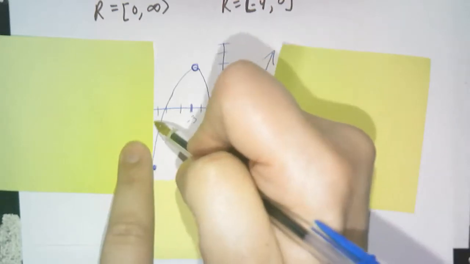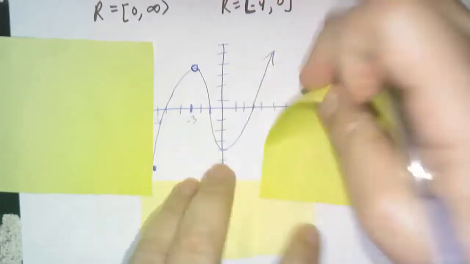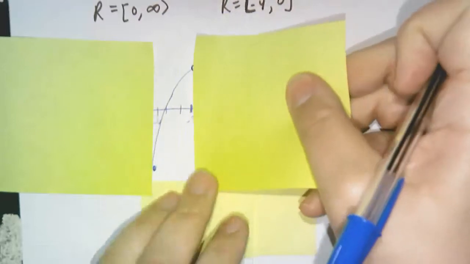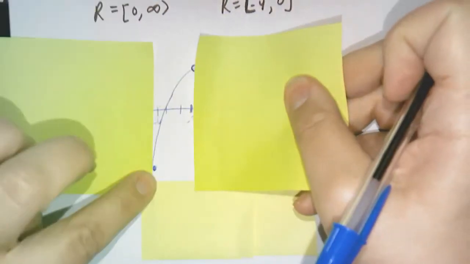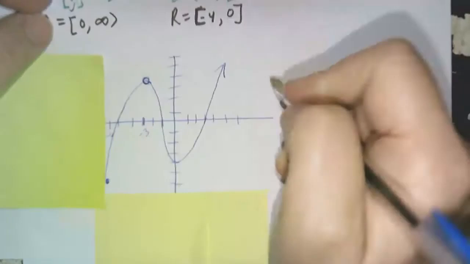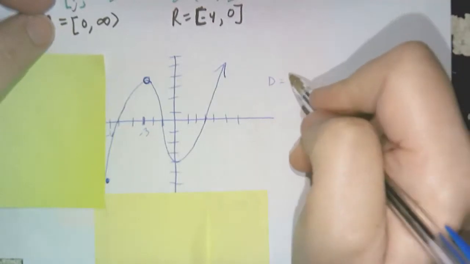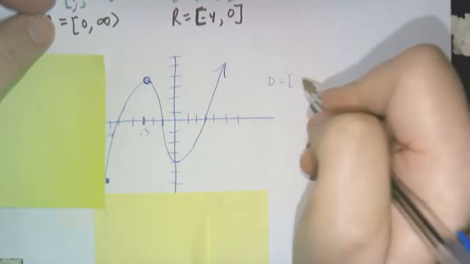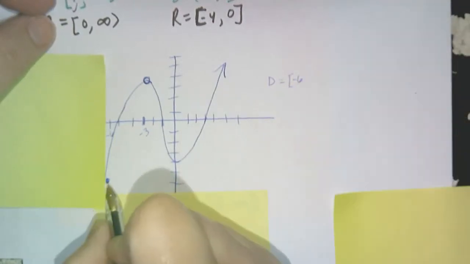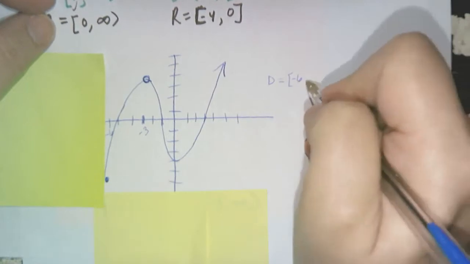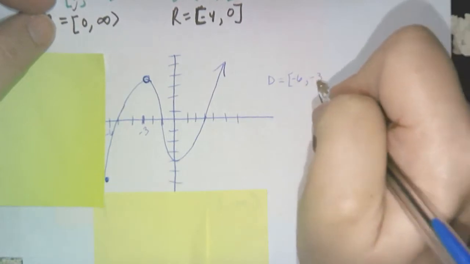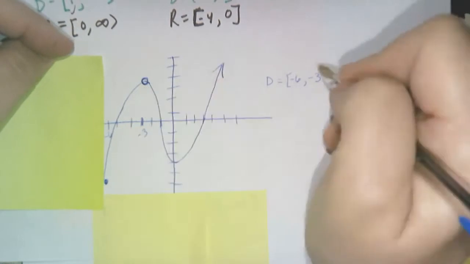So from -6 to -3, I'm good. I got a pretty curved picture right there. So my domain would be totally fine from -6 bracket, because it's closed, to -3. But not exactly at -3, right? So I leave it open.